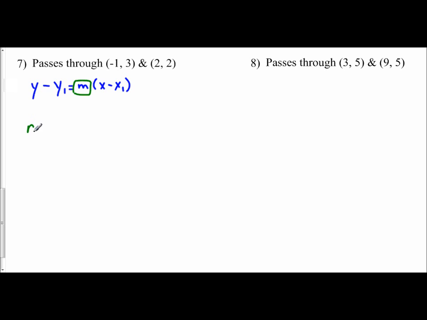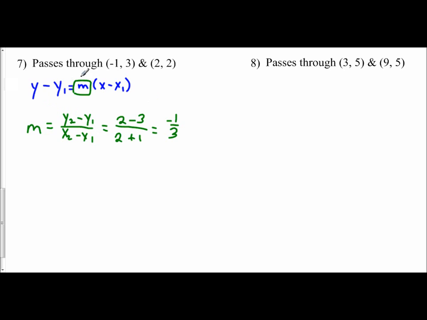And so luckily we have a slope formula for that: y2 minus y1 over x2 minus x1. So I plug in 2 minus 3 and 2 minus a negative 1, so 2 plus 1. That gives me negative 1/3. So now I know my slope, and I can go approach the problem.